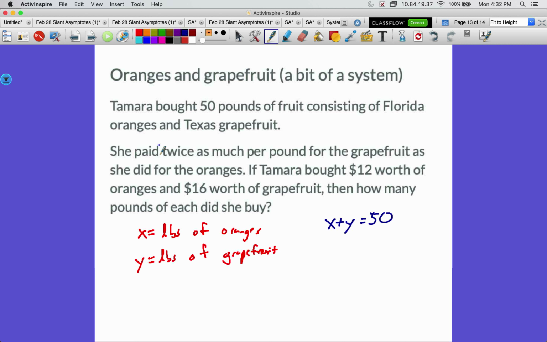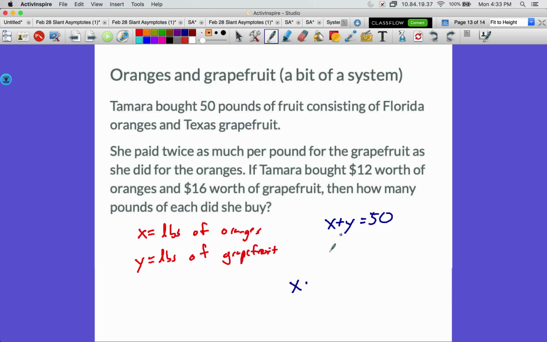Now I've got to figure out this next piece. She bought $12 worth of oranges. So if we take the pounds of oranges, X, multiply it by their price, I think I might have to introduce a new variable.